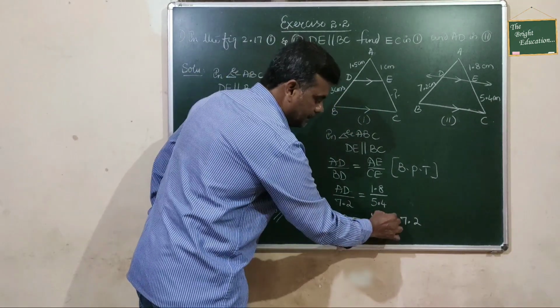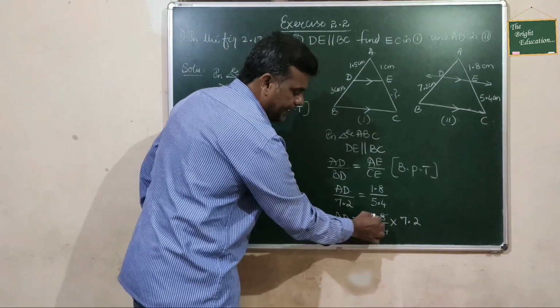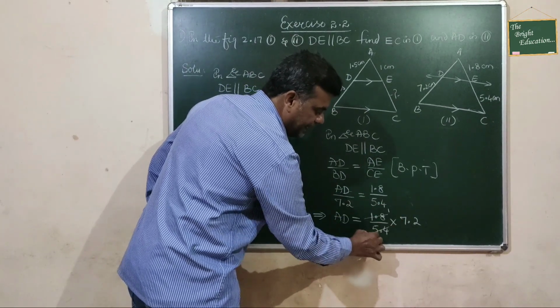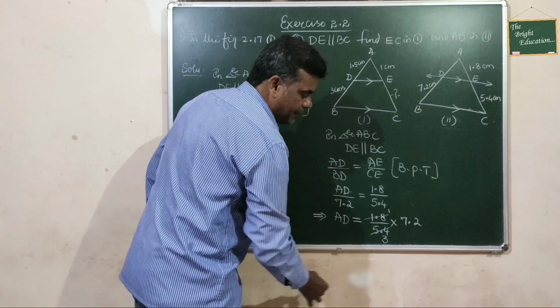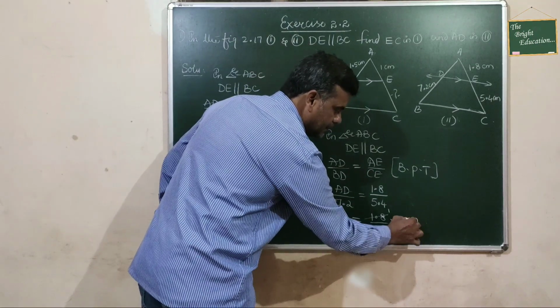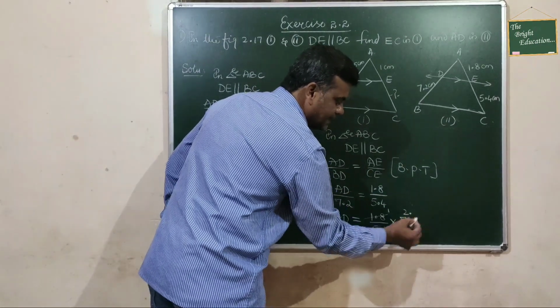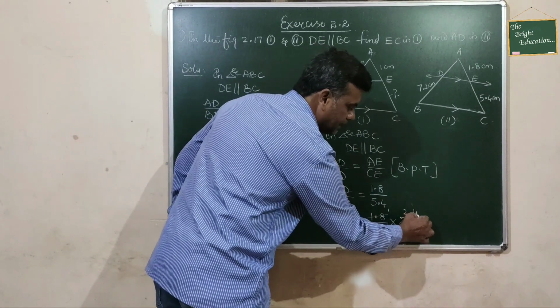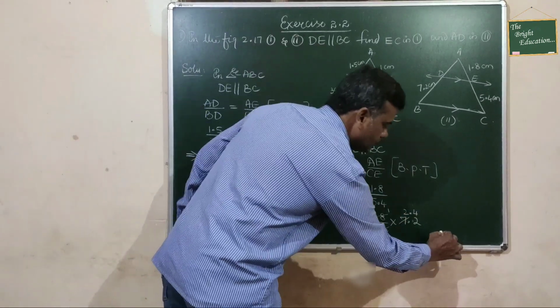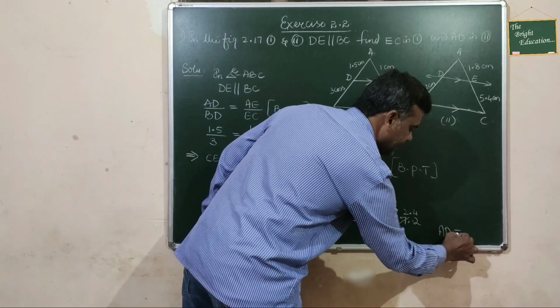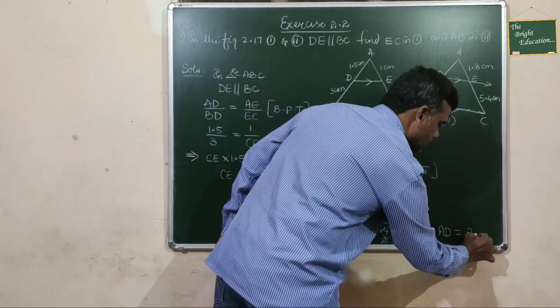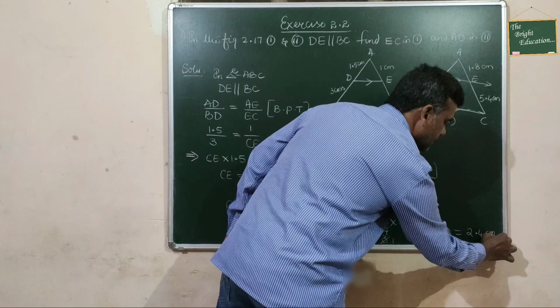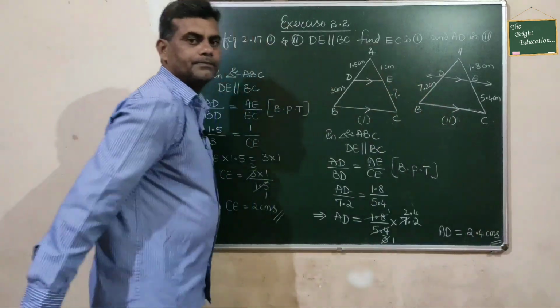Now you can divide: 1.8 ones are 1.8, threes are 5.4. Now you can divide 3 ones are 3, 3 twos are 6. The point stays as it is. Now here it is 1, 3 fours are 12. So at last we get AD equals 2.4 centimeters.